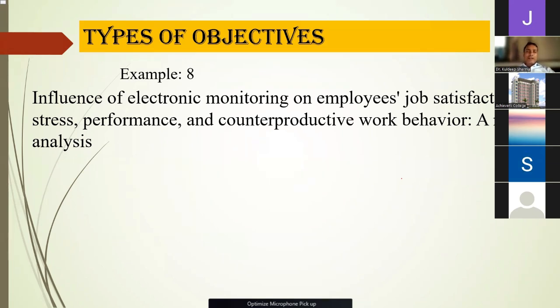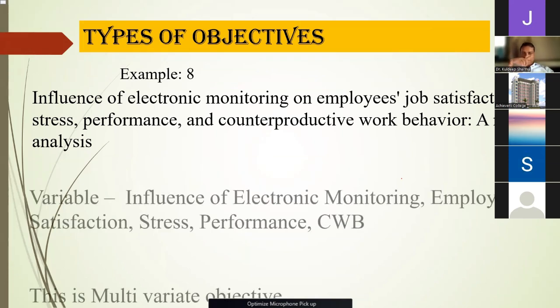This is very easy to identify, isn't it? Multivariable. Absolutely multivariate. How many variables are there? Let me check whether you have identified correctly or not. Sir, five. First is electronic monitoring, second is employees' job satisfaction, third stress, fourth performance, and fifth one counterproductive work behavior. Let's see.